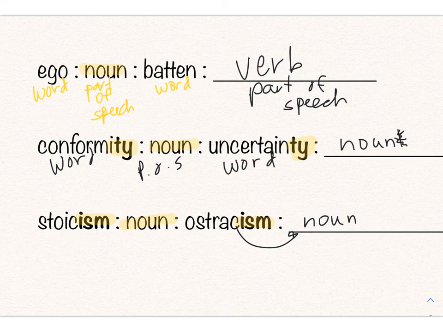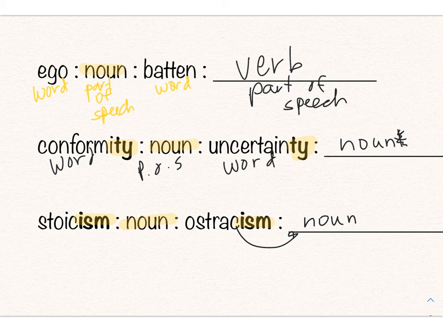In these three analogies, the first part of the relationship is the word from Chip's speech. The second word in the pair tells you its part of speech. So ego is to noun as batten is to verb. Conformity is to noun as uncertainty is to noun.